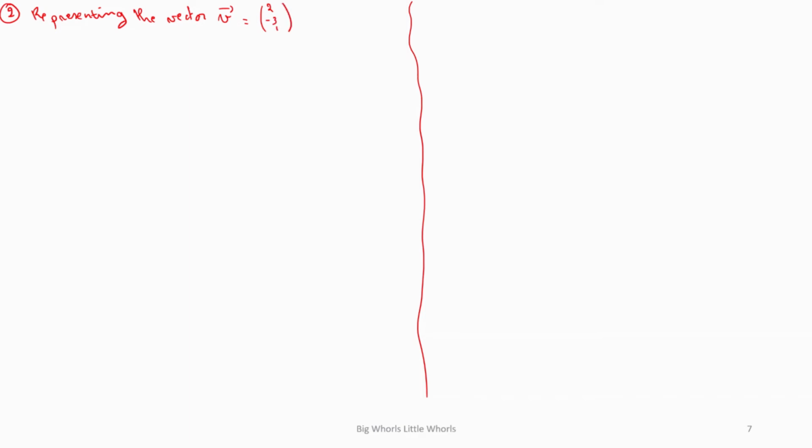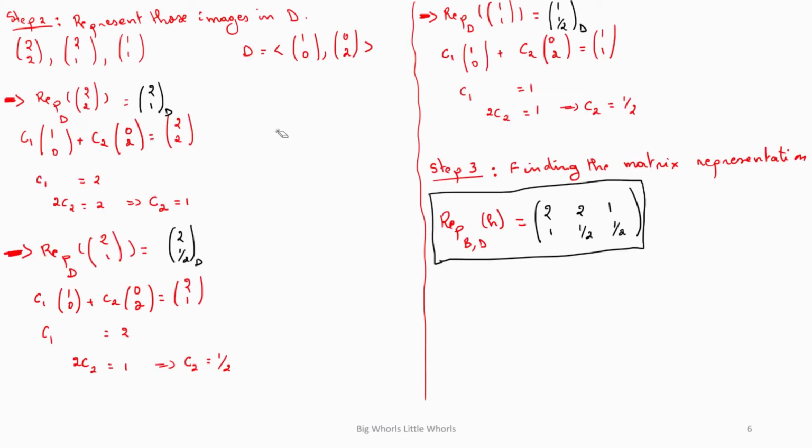We want to represent that vector with respect to the basis D. We want to find the action of H on V.